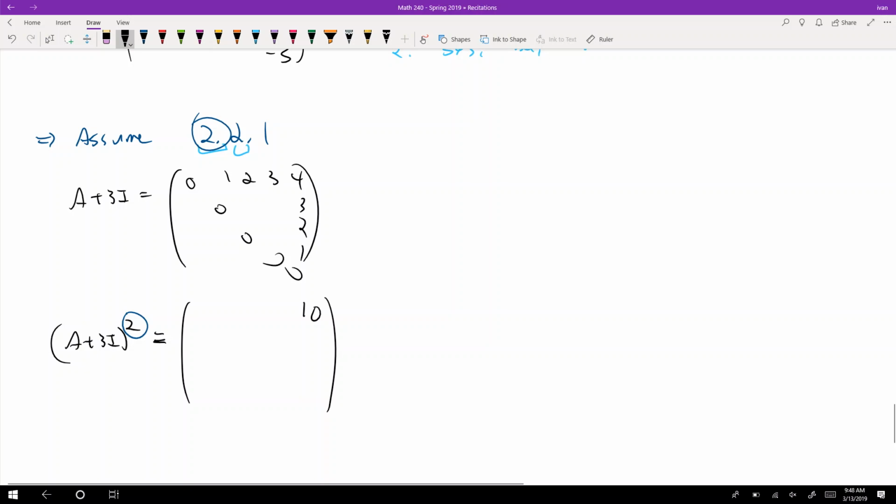So what do I want now? Well, remember, since I have two blocks of size 2, I need to find VG1 and VG2 linearly independent. Okay? And they need to satisfy (A plus 3I) squared VG equals 0, and (A plus 3I) VG is not equal to 0.